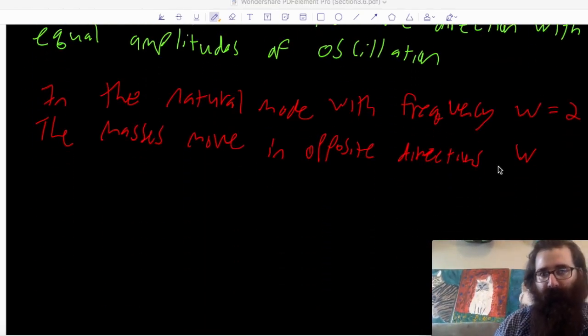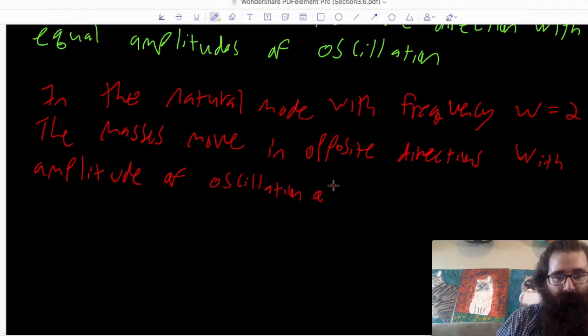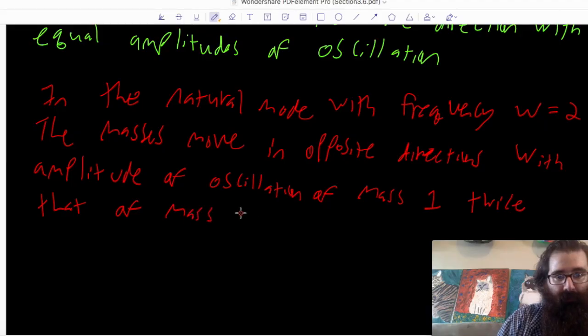So in opposite directions, with the amplitude of oscillation of mass 1 twice that of mass 2.